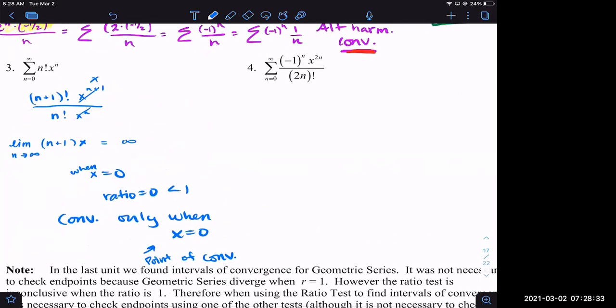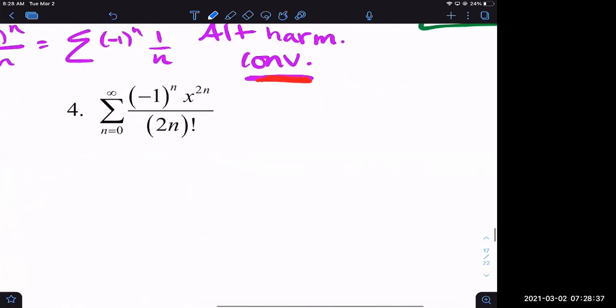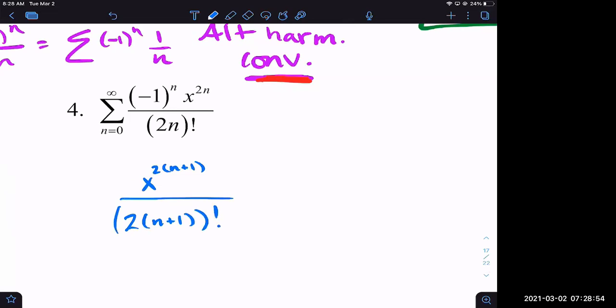Okay, let's try one last one. When we do ratio test, remember we do absolute value bars, so that alternating piece I get to just ignore when I write the n plus 1 term. So the n plus 1 term, I have x to the 2 times n plus 1. Those parentheses are important because I'm going to have to distribute. The denominator, same thing, 2 times n plus 1 quantity factorial.